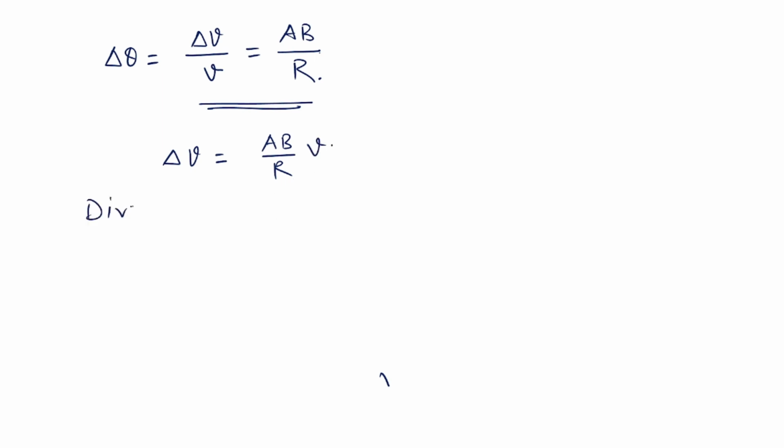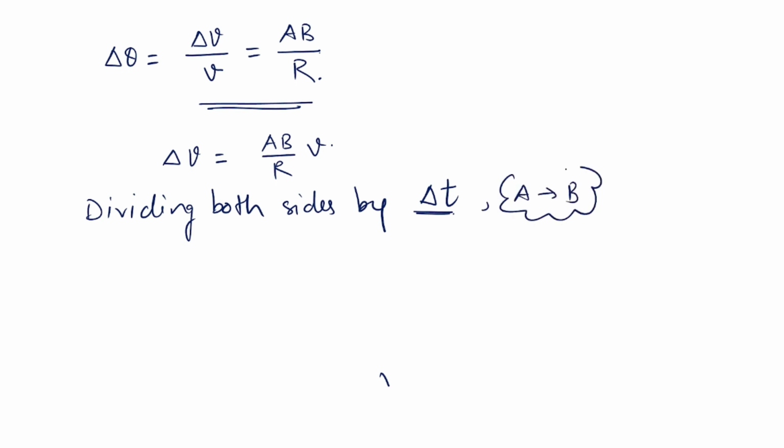Dividing both sides by delta t. Delta t is the time interval between A and B. You know that, right? Time interval between A and B. That will give us delta v by delta t is equal to AB by r into v by delta t, right?